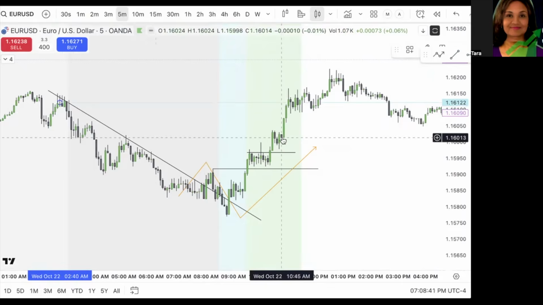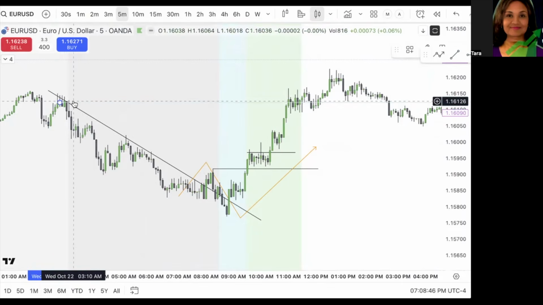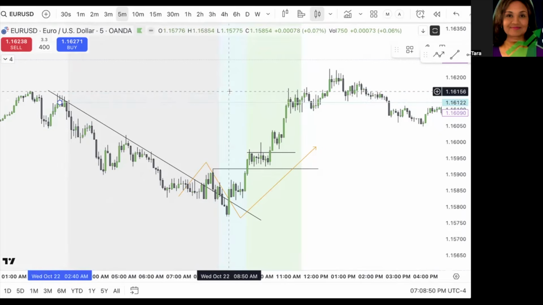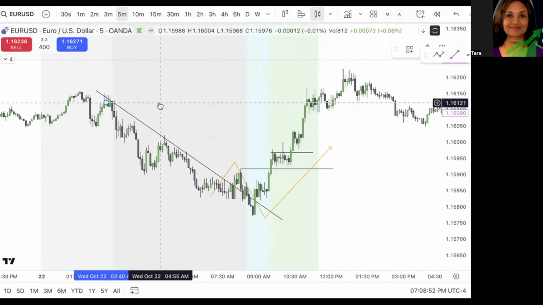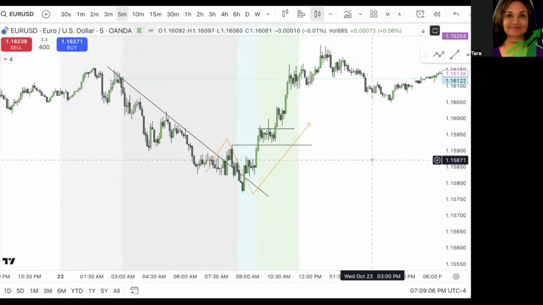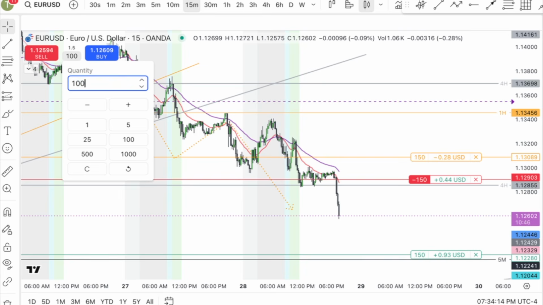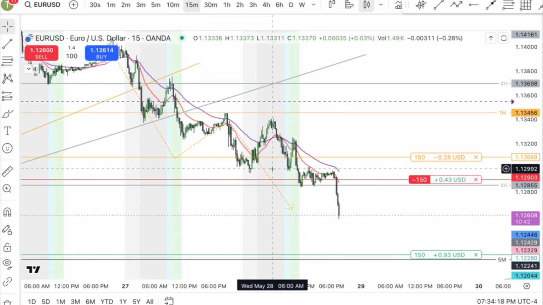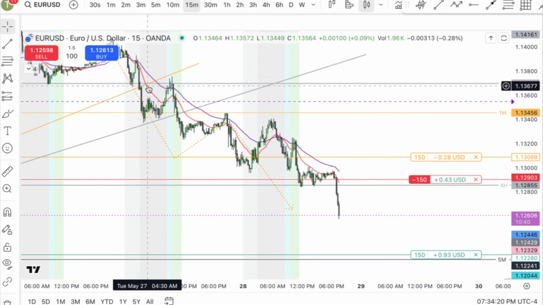So if we entered here, we would want to secure some profit in this zone, okay? And we could leave a runner if we wanted to, but we want to be sure that we secure some first, all right? And if we secure profit at the nearest support and resistance area, then that is what we call a base hit. Be sure to take off half or maybe 3/4 of your trade so that it's worth your time, right?